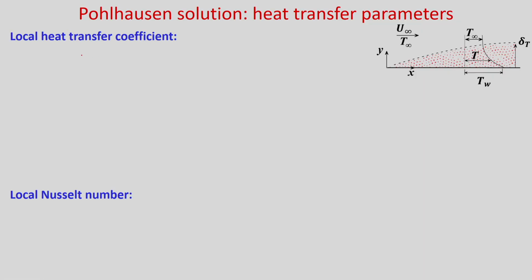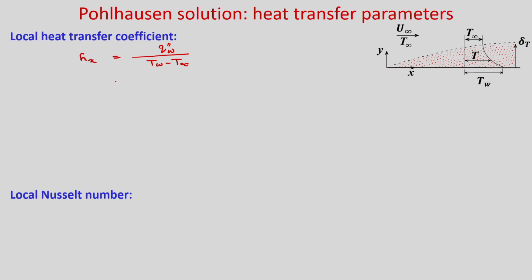Now, we will calculate the local heat transfer coefficient. From Newton's law of cooling you will be able to calculate it. So, the local heat transfer coefficient h x you can write as q double prime w divided by (Tw minus T infinity), and this we are writing from Newton's law of cooling.